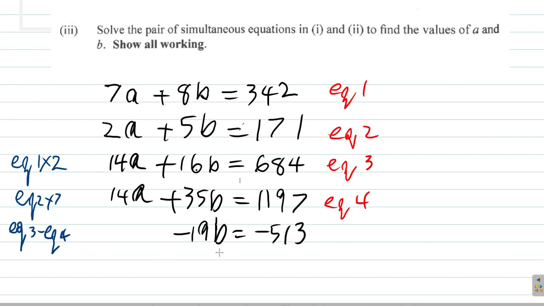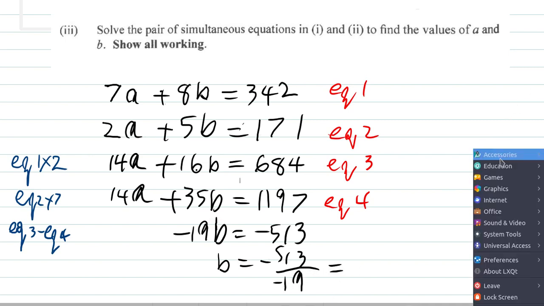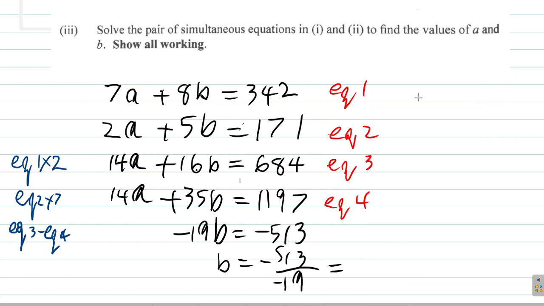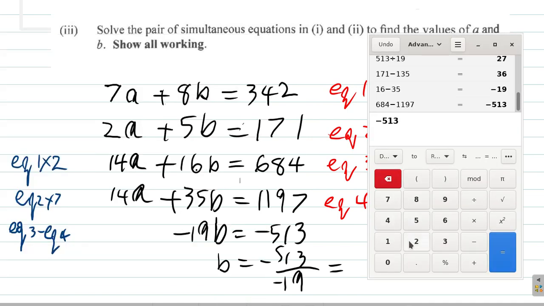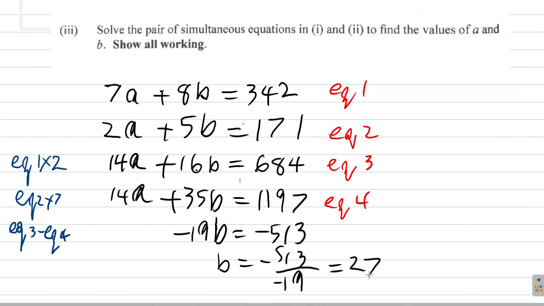Then b equals negative 513 over negative 19. You go back to your calculator and calculate it. It's the same thing as 513 over 19, which is 27. So b is 27. Good.